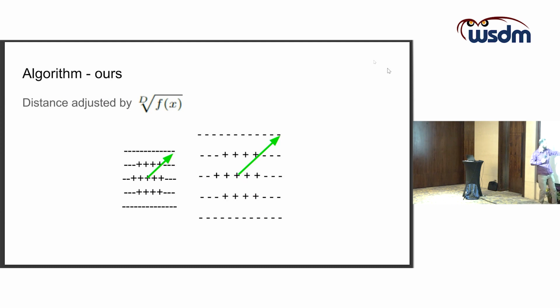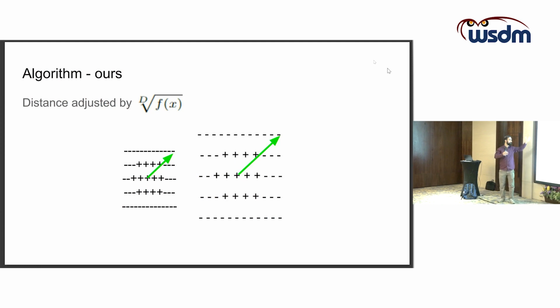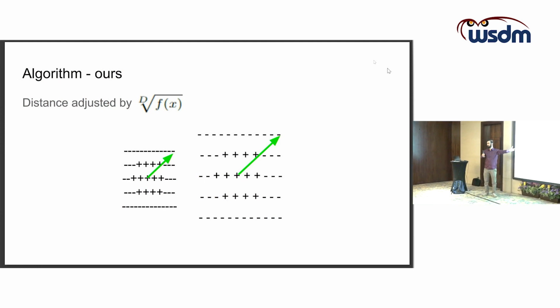And we will end up querying all these negatives while we are querying these positives, right? So the thing that we do is that we scale it by this factor. This is the square root of the density. And this is going to be equivalent to, think of these examples as a fog. The distance is going to be how hard it is to walk through this fog.